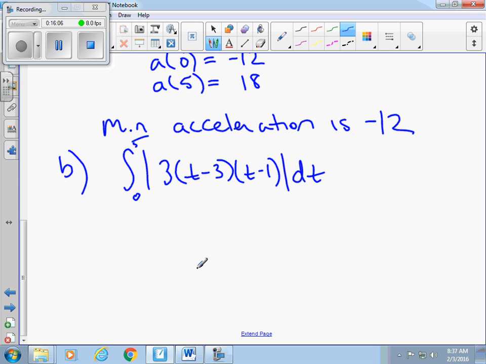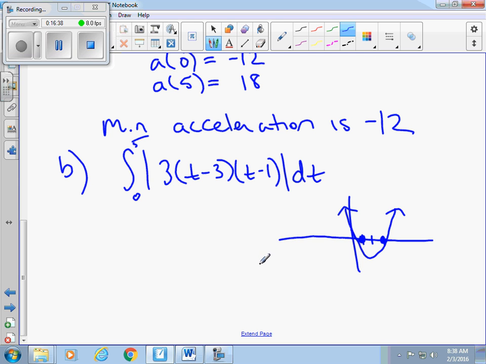I'm going to draw a picture. They don't grade pictures. Doesn't mean I don't need one. Would you agree the velocity happens to be a parabola opening up with zeros at 1 and 3? You can see there's a reason that I left it in factored form for this particular step.